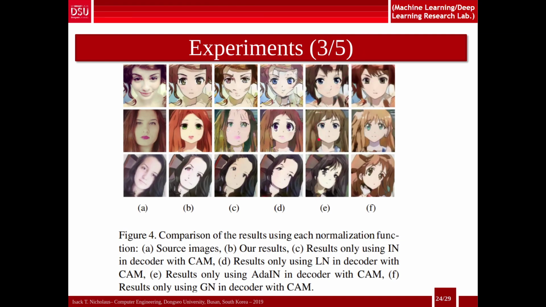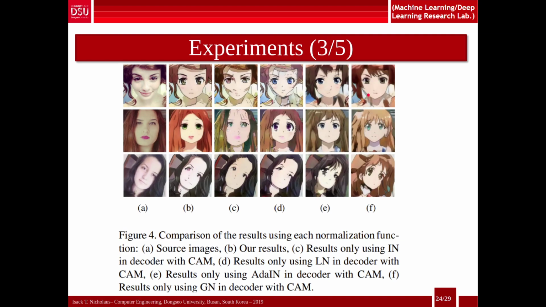At E here, it's the result of using adaptive instance normalization with CAM. By using adaptive, it somehow follows and is even far better compared to only instance normalization. Using adaptive normalization, we see the output is quite great.